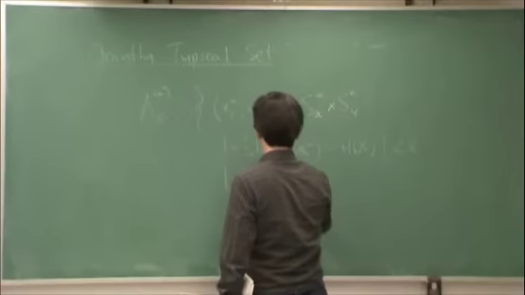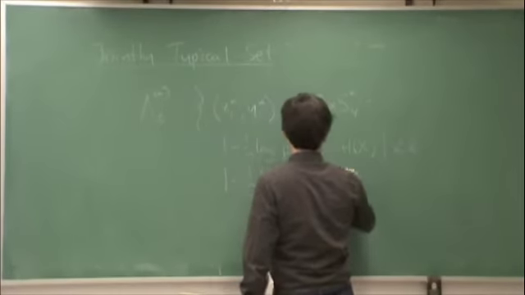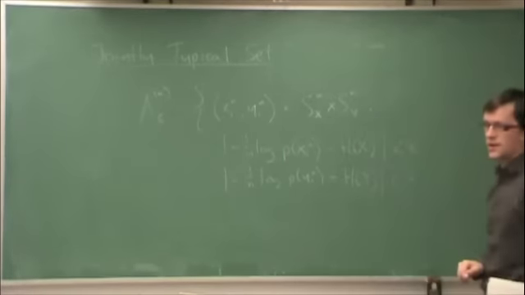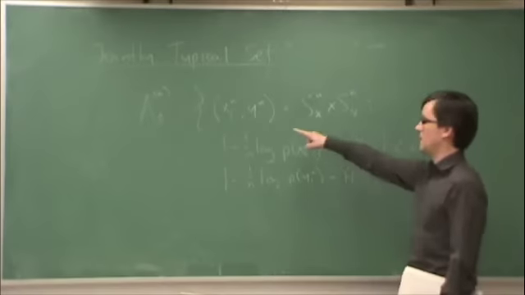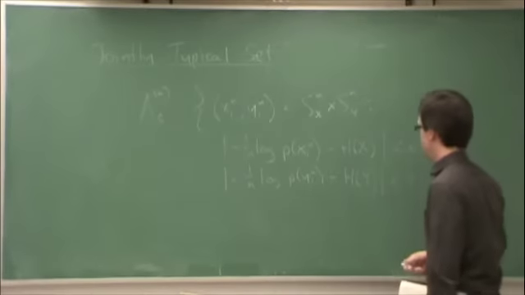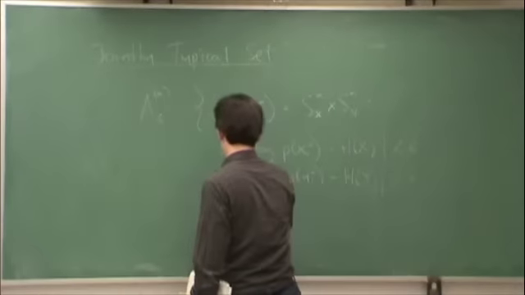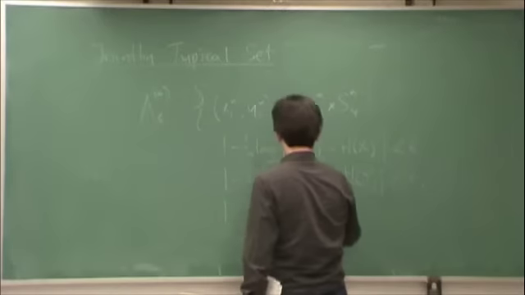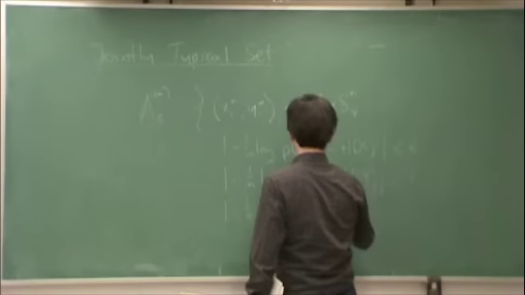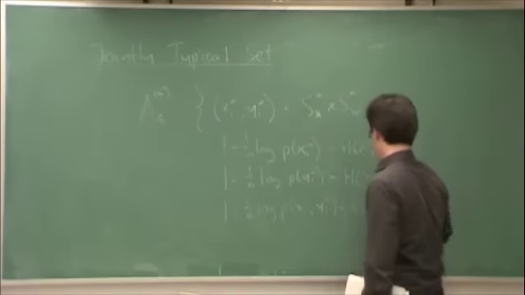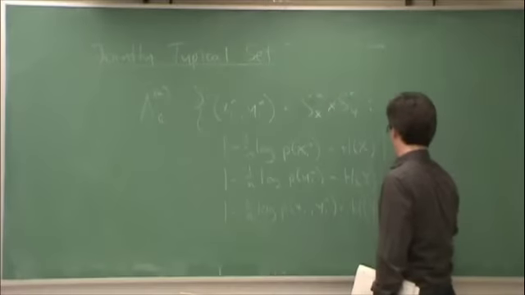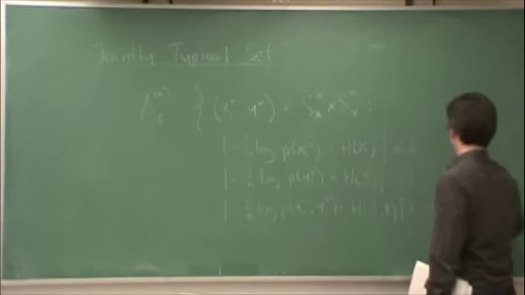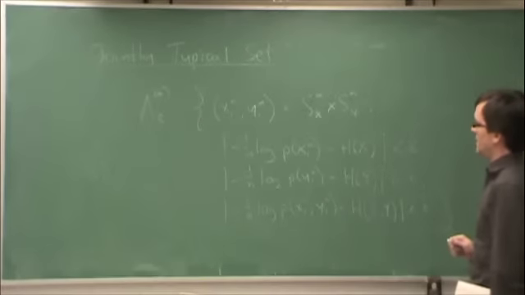Minus 1 over n log probability of y1 to n, minus H of y, is less than epsilon. So y is itself typical. In other words, y by itself has probability close to average. And negative 1 over n log the joint probability of x and y, minus the joint entropy of x and y, is less than epsilon. So that there is the jointly typical set.